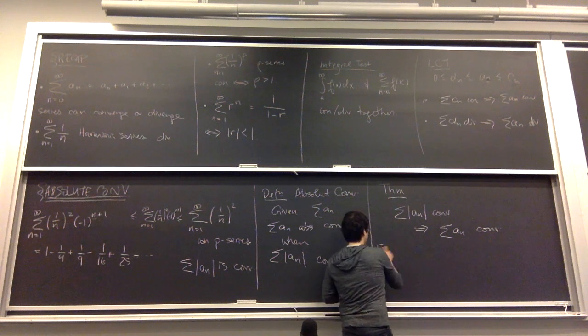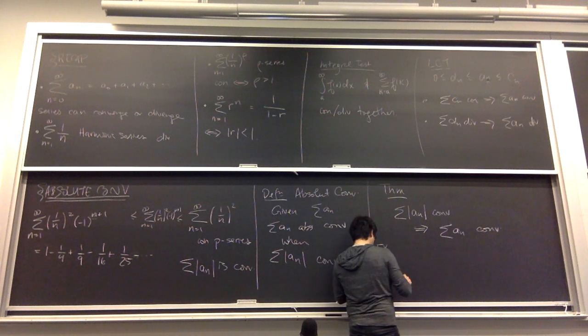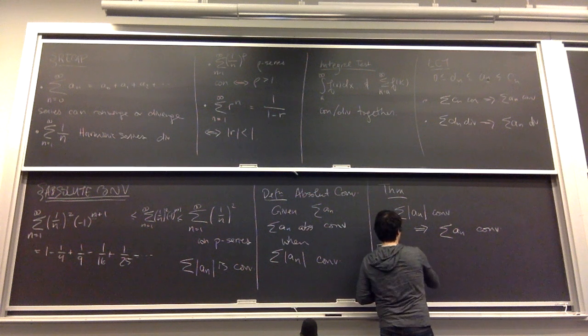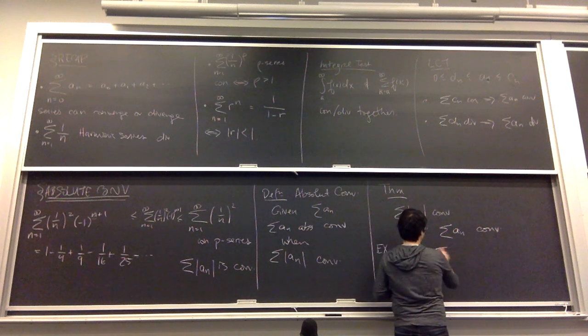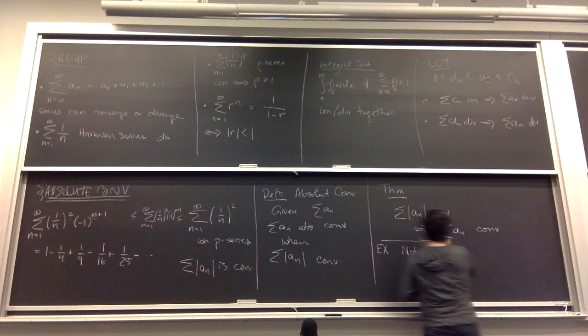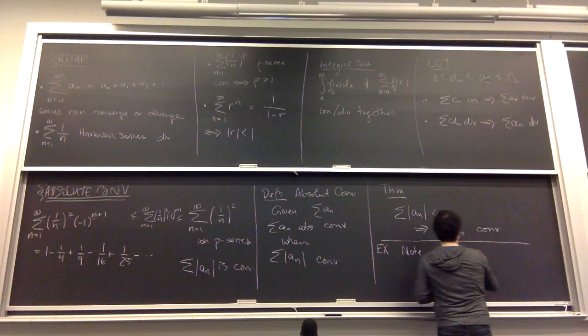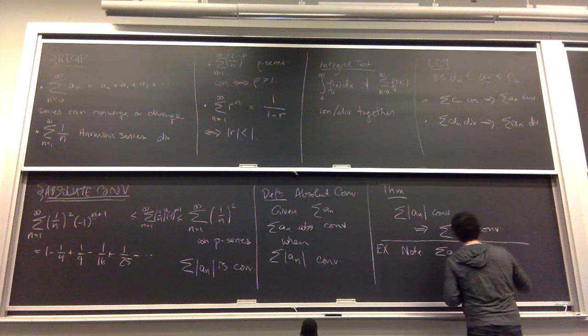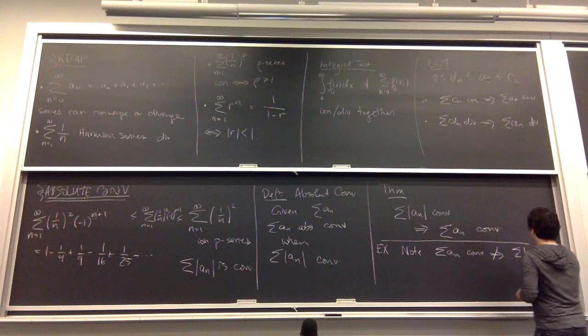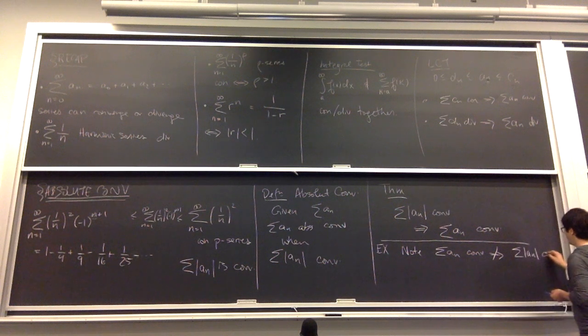So here's an exercise while I wipe down the board. So note, it is not the case that if this is convergent, it does not imply that this is convergent.